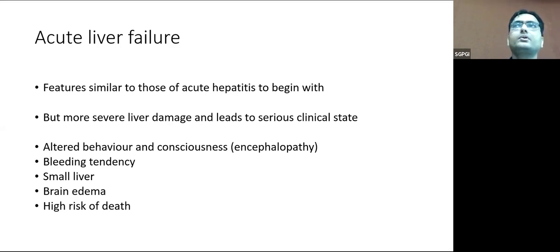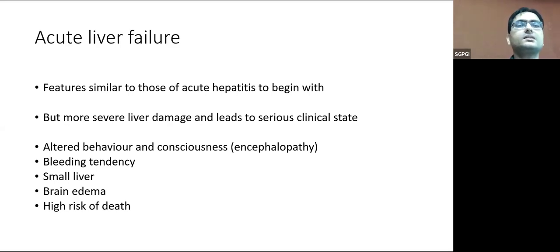The more important differentiating points are that if a patient has acute viral hepatitis B and develops altered behavior and consciousness, which points towards hepatic encephalopathy, or bleeding tendency, which points towards presence of coagulopathy, or small liver on ultrasound, which points that necrosis is setting in and the liver is shrinking, or brain edema on NCCT, which is also a marker that the patient is going into acute liver failure. All these things point that the patient is progressing to acute liver failure and has high chances of poor outcomes.